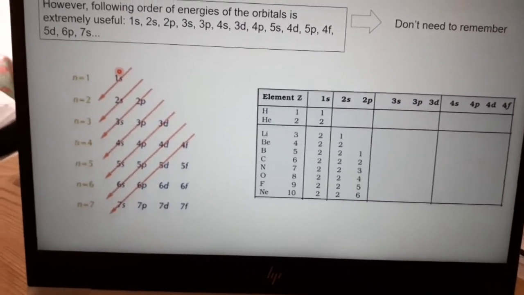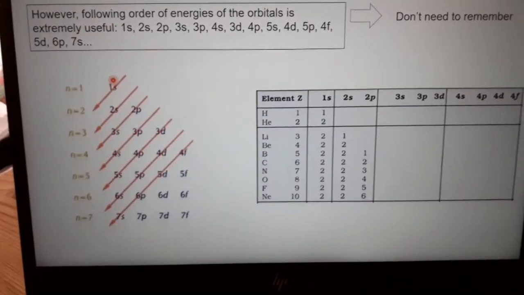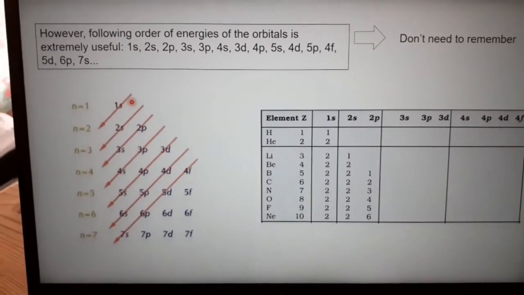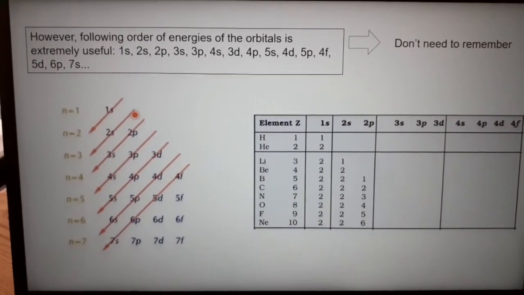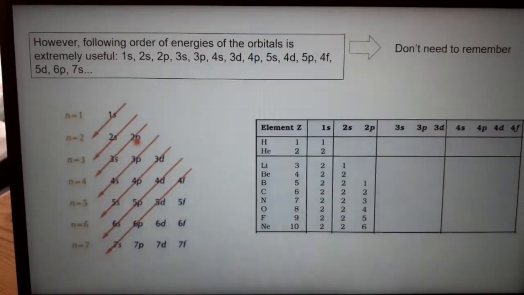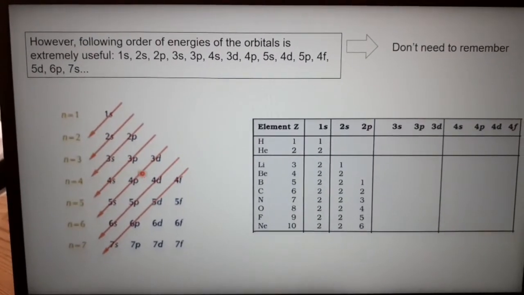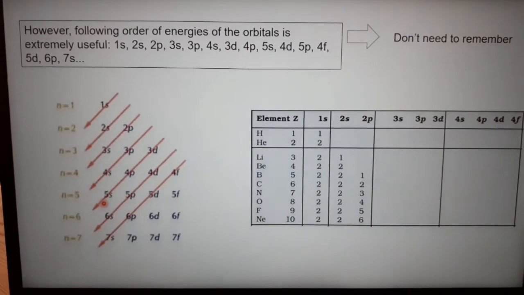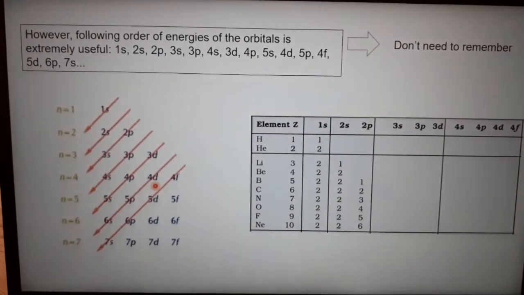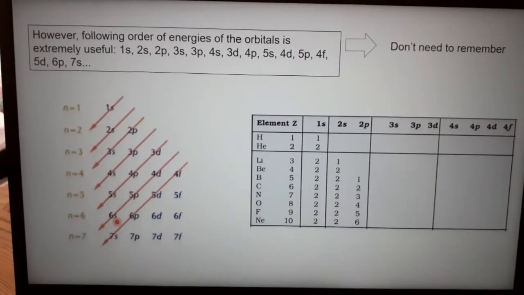Next, you draw diagonal arrows in this way: 1s, then 2s, 2p, then 3s, 3p, 4s, then 3d, 4p, 5s, then 4d, 5p, 6s, and so on.